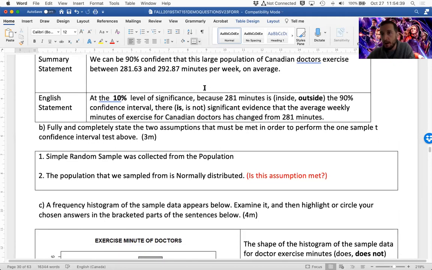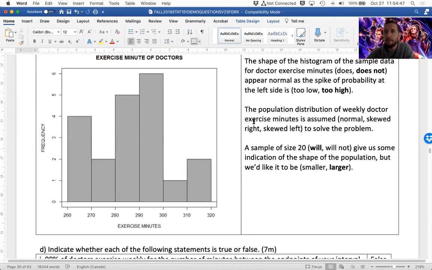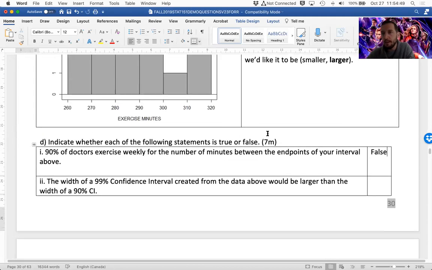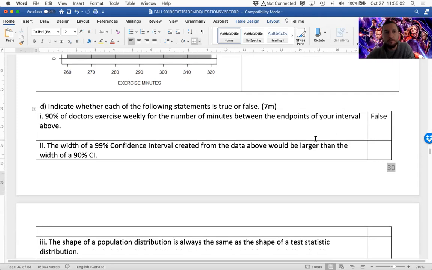The interval is not telling us the proportion of doctors that exercise between these times. The interval is telling us with some degree of confidence what the true population average amount of time exercised is actually equal to. Okay, so not telling us the proportion.